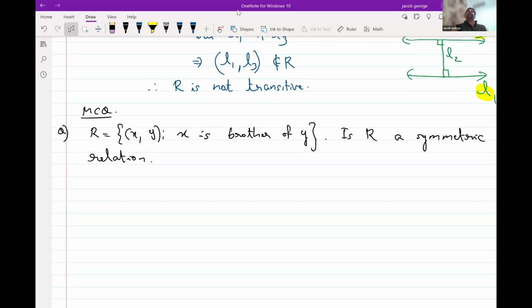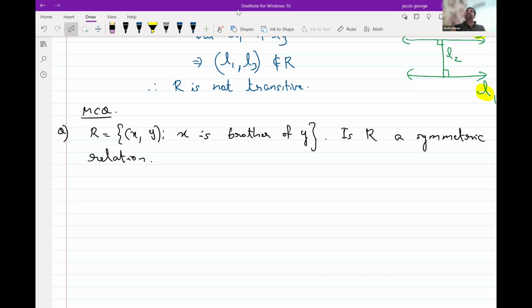What is your opinion? Symmetric relation means (Y, X) also must be an element of R. Any difference of opinion? Yes, sir. Why can it not be a sister of X? Do you have a sister?